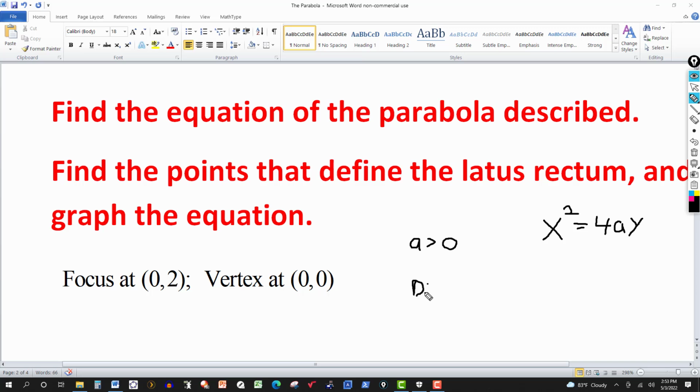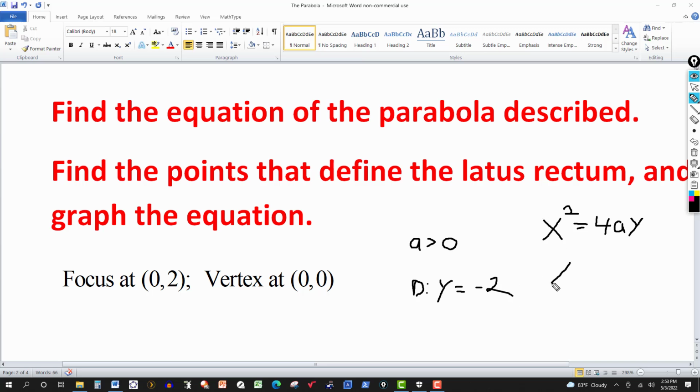The vertex is always in between the directrix and the focus, and if it's a vertical parabola, the directrix is horizontal. So this would be y equal to minus a. In this case, a is 2, so this would be negative 2.